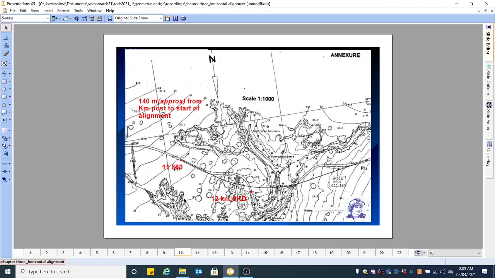So we're looking at about 140 meters from the kilometer post to the start of the alignment. This is something that we scaled off from the plan. So there's your 12 kilometers over there, and what we did is we measured off the 140.